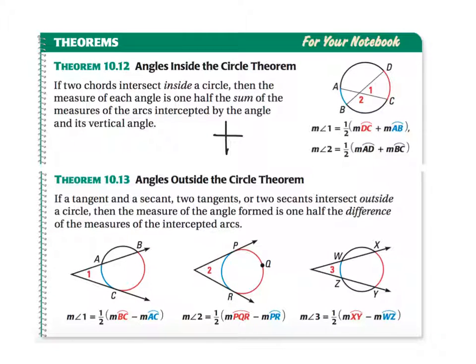And in our third example, this is where we have 2 secant lines intersecting outside of the circle. So angle 3 is half of the measure of arc XY minus arc WZ. So again, for the outside, you subtract. For the inside, you add.